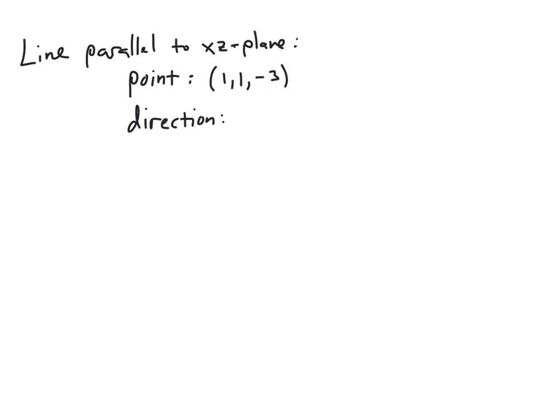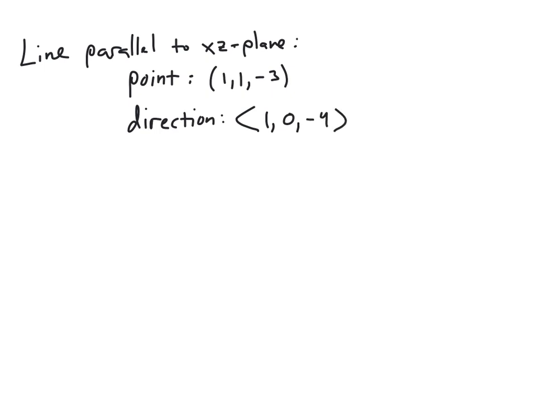And so that slope, that negative 4, is the slope of the curve at that point in the plane y equal to 1. That direction we can think of as a vector of 1, 0, negative 4.